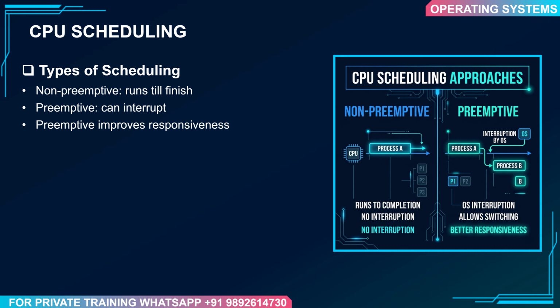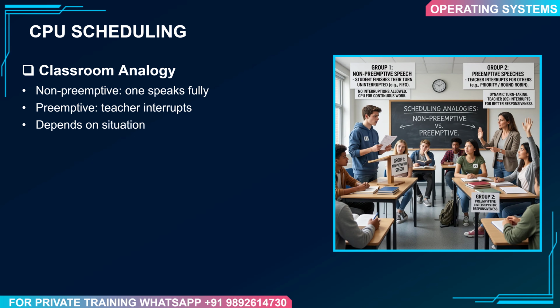We'll go deeper into this later, but for now, just keep in mind that preemptive scheduling allows better responsiveness, especially in modern systems. Think of a classroom. In a non-preemptive setup, one student speaks until they are completely done. In a preemptive setup, the teacher might interrupt and give someone else a chance to speak. Both have their advantages depending on the situation.